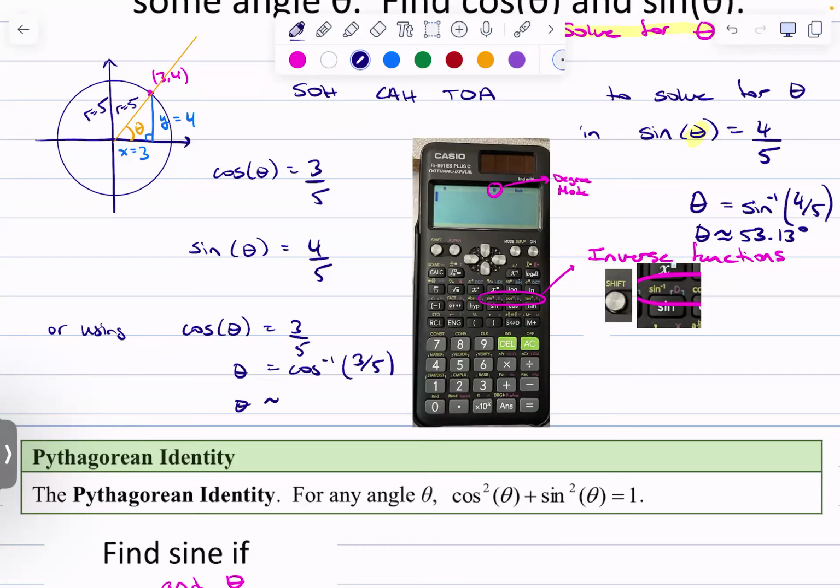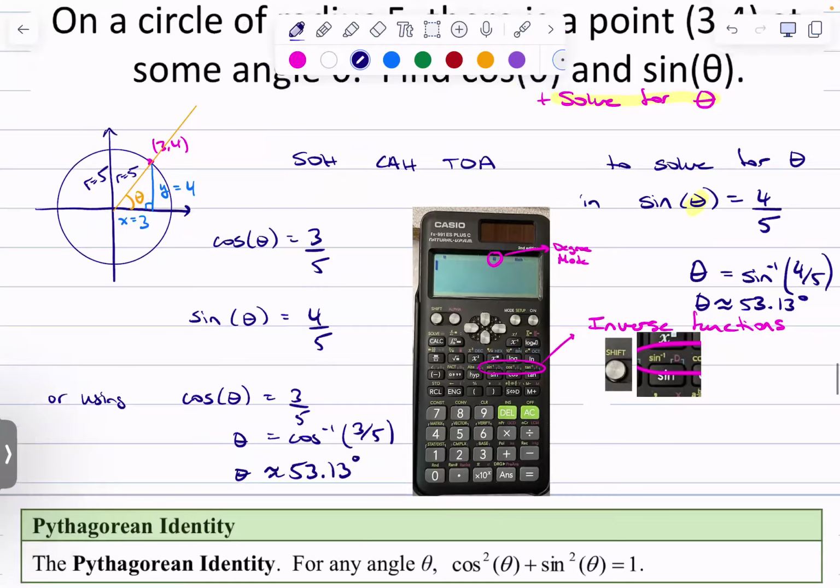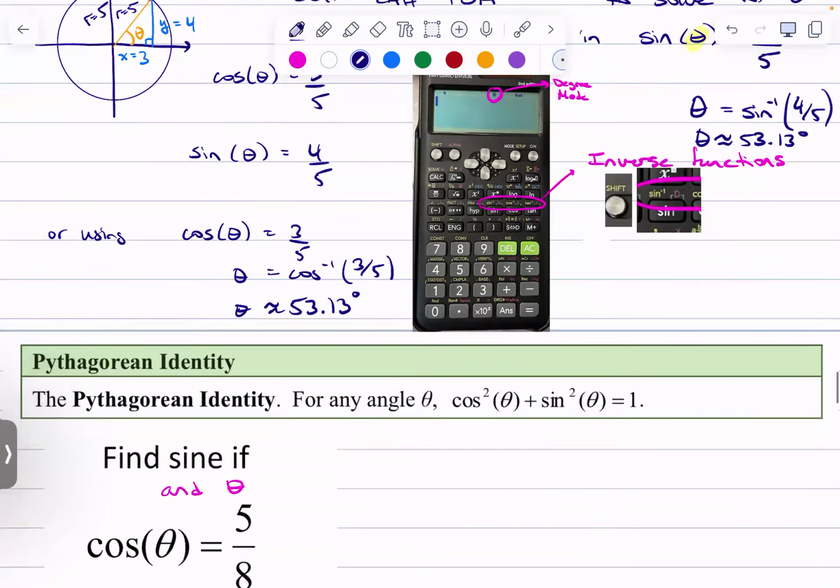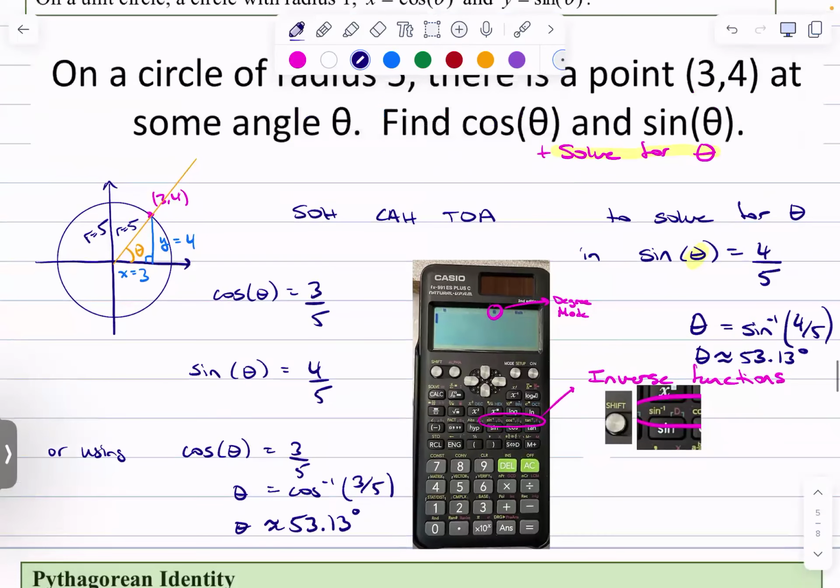What a relief. 53.13-ish degrees. So I'm just adding on that you should be able to solve for theta as well. Any questions about that?